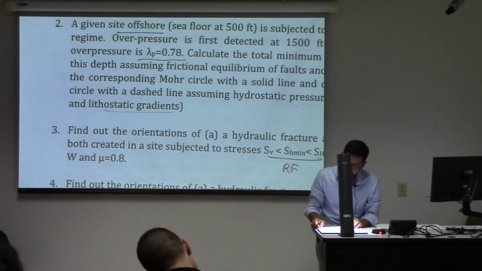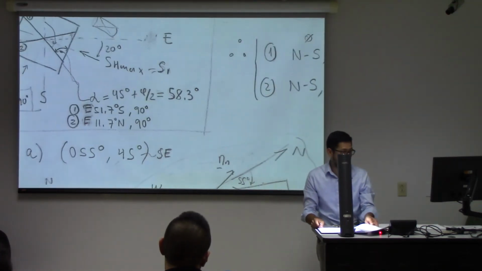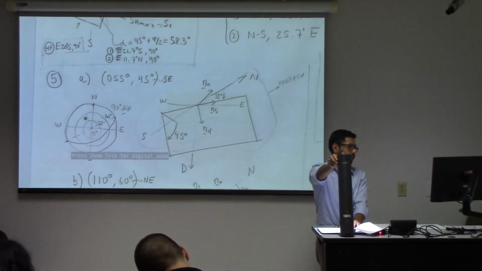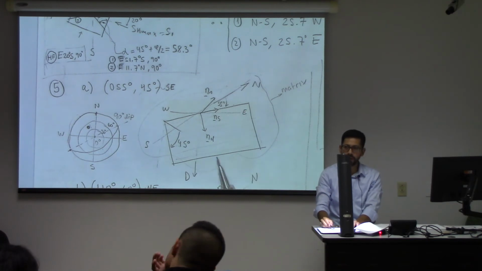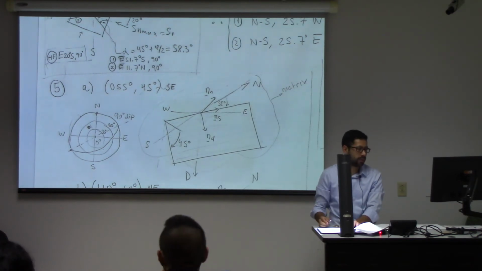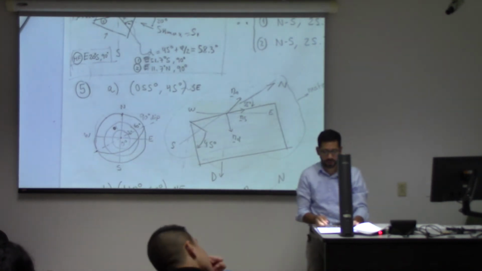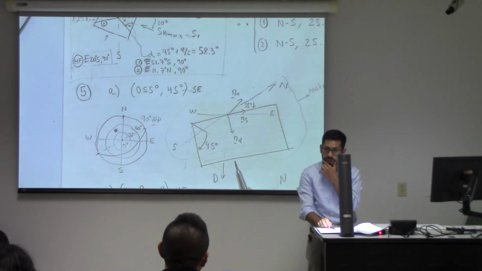So then let's move to 5. In 5, you have to draw stereo nets for faults in different directions. Don't worry about this plot, okay? This is something I was doing before when I was asking students to solve for the projection of stresses on an arbitrary angle.